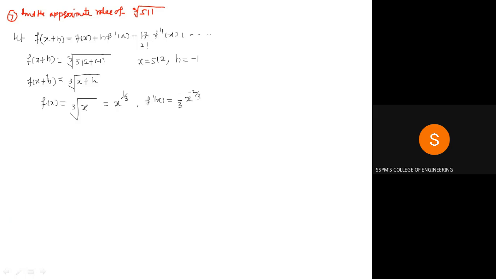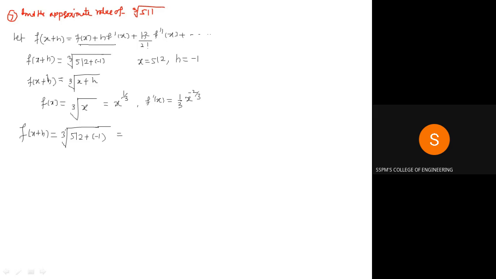So how to write their f of (x plus h) in the form of 512 plus -1? तो ये आप कैसे लिखते हैं? देखो f of (x plus h) मतलब x की वैल्यू क्या होती है? क्यूबिक रूट ऑफ x की वैल्यू 512 प्लस -1. So replace their x by 512 and h by -1 in this series.